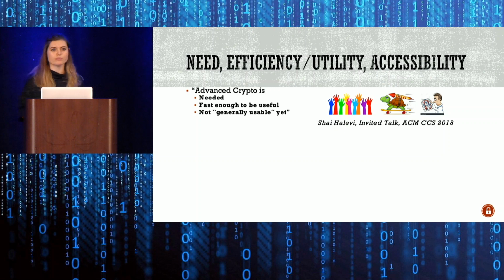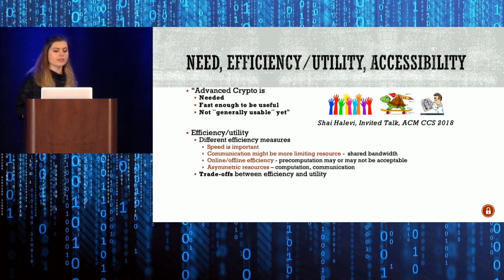So in this talk, I will give you my perspective on this question, and I would like to start by saying that when we think about efficiency, this should always be coupled with utility. And there are often not universal measures for efficiency. It's always good to be fast, but sometimes communication is the limiting factor because bandwidth is a shared resource, and we have to compete for it.